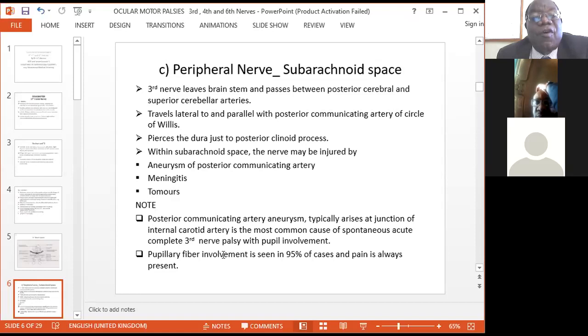Pupillary fibers involved is seen in 95% of cases, and the pain is always present. So if you have what appears to be a third nerve palsy associated with pain, and the pupil is involved also, this is the site of the lesion.